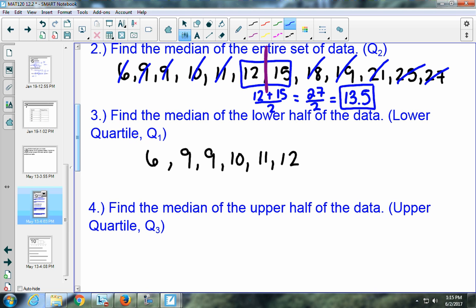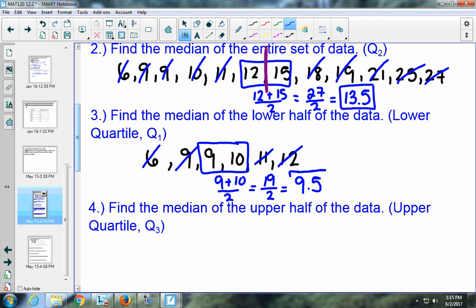And I find the median of this set of numbers. Once again, I have 2 numbers in the middle, so I do 9 plus 10 divided by 2, which gives us 19 halves, or 9.5. That is what we call the lower quartile, or Q1.